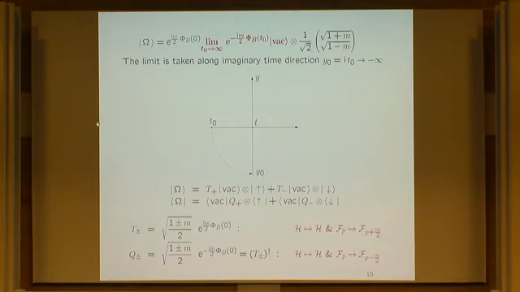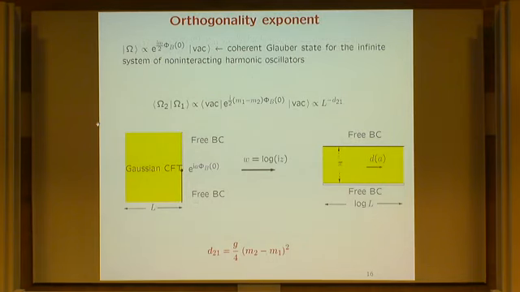And the conjugated operators. All right, and now you can immediately see, suppose in the vacuum, you can interpret the vacuum of the interaction theory as a coherent Glauber state on an infinite system of non-interacting harmonic oscillators.